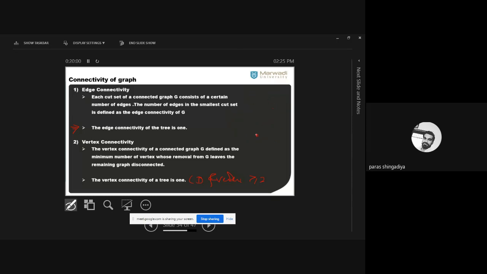Let us consider the graph of a tree. These are the vertices: A, B, C, D, E, and F. Clear? That is connected without any cycle. Now check which vertex we can consider for vertex connectivity.